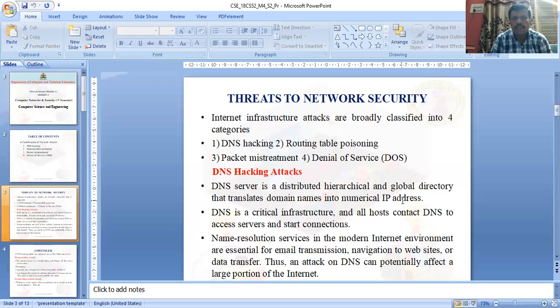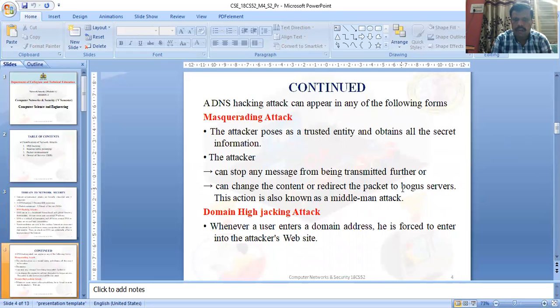So an attack on the domain name server itself definitely affects a large portion of the internet, because of email transmission and website navigation. Attackers hack the website and the domain name server, so commercially and educationally launched websites may be affected.